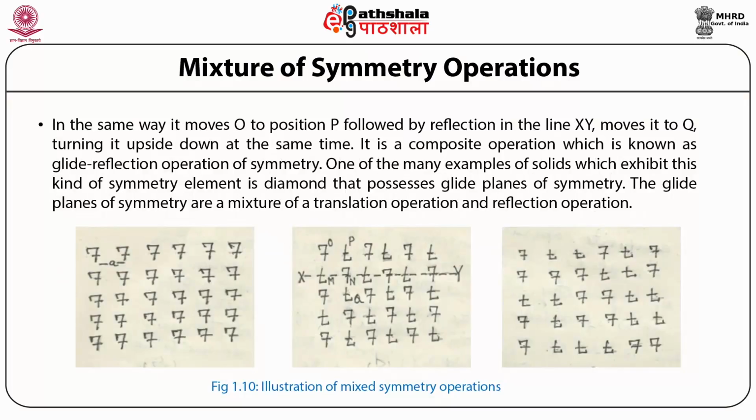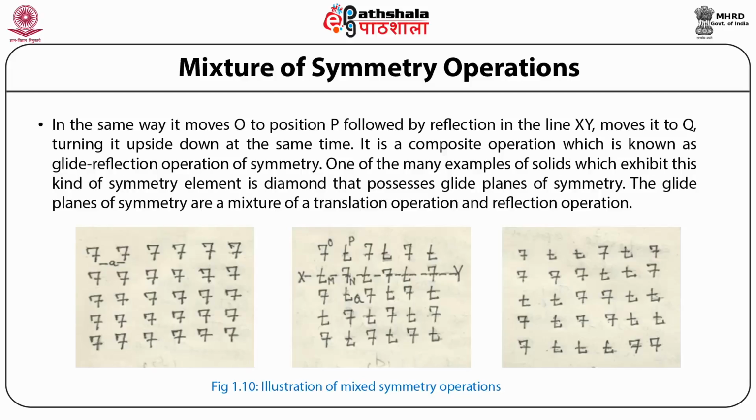In the same way, it moves O to position P, followed by reflection in the line XY, moves it to Q, turning it upside down at the same time. It is a composite operation which is known as glide reflection operation of symmetry.